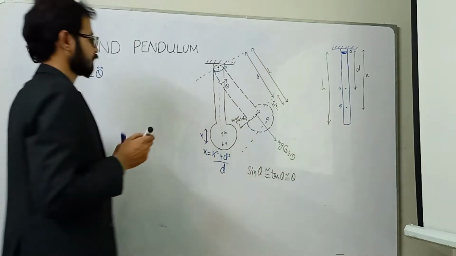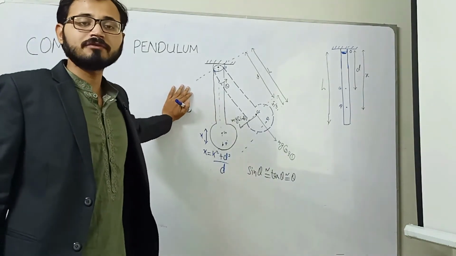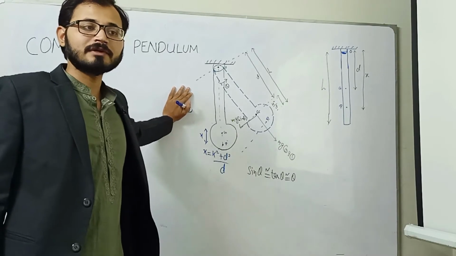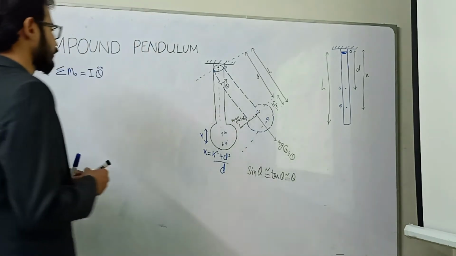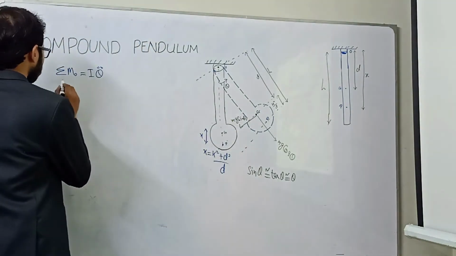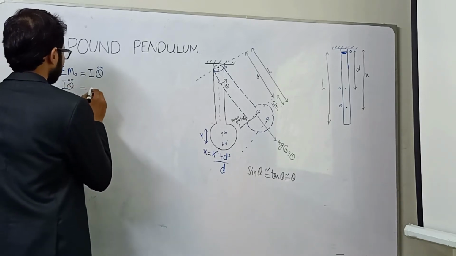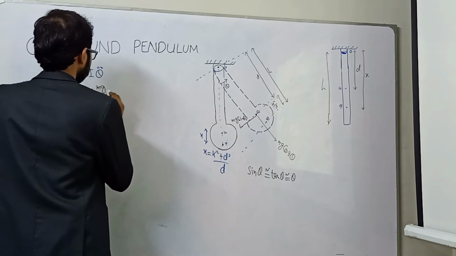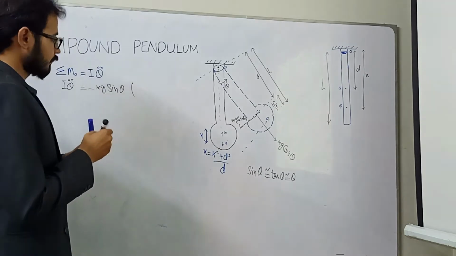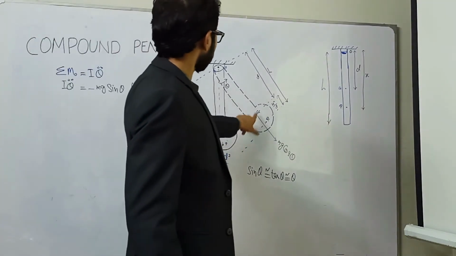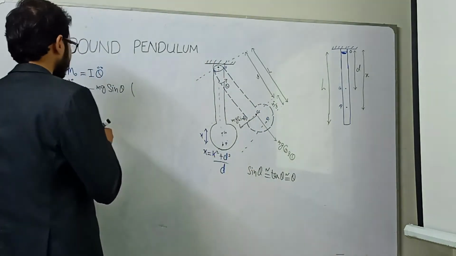This derivation is only valid for linear cases, where we always have a very small displacement from the initial position. So I theta double dot is equal to minus mg sin theta into the distance from the suspension point to the center of mass, which in this case is d.